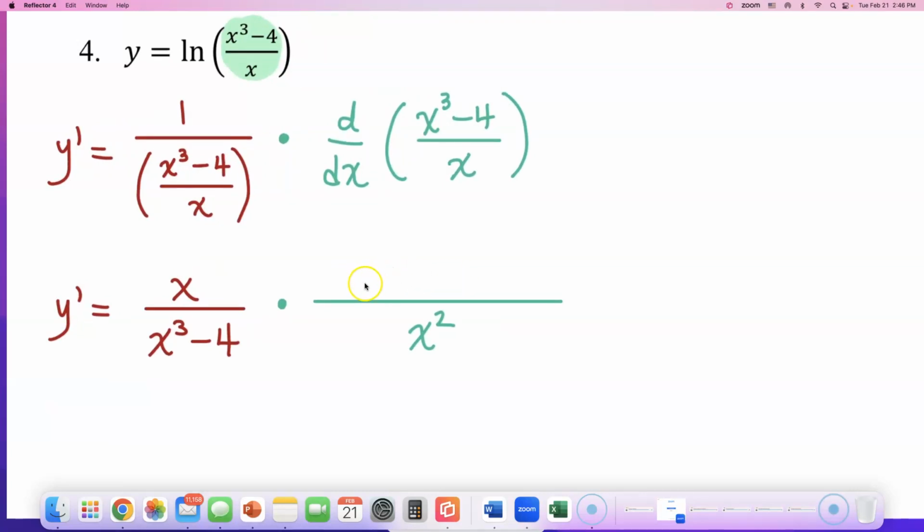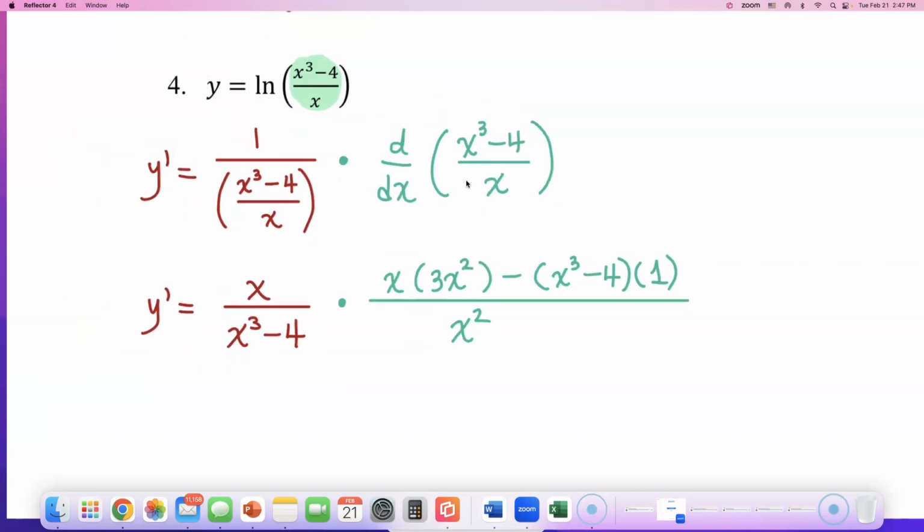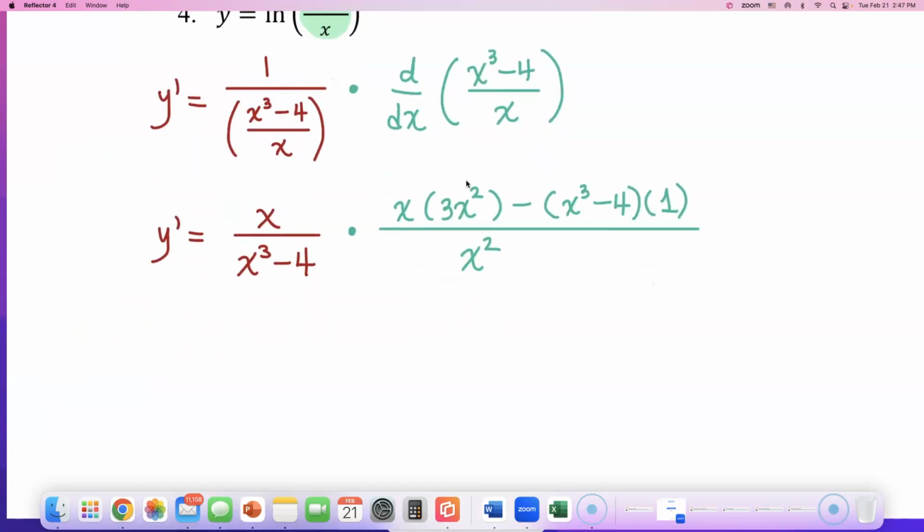The numerator goes as g f prime first. g is x. f prime is 3x squared minus, and what comes after that? f g prime. f is x cubed minus 4, and g prime is just 1. So I think this may be like the very first time I did quotient rule without writing down all my pieces, but that's okay. We've been doing it for a while. I think we're all right.